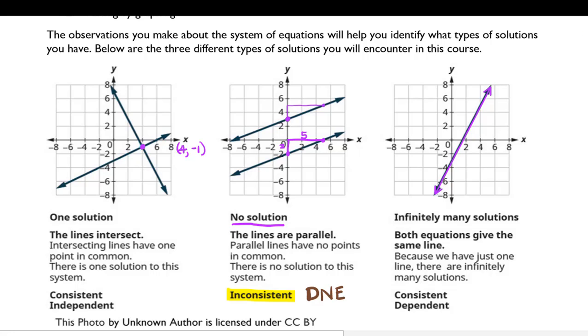So we say that this has infinitely many solutions because any place we pick on this line will also be a point on the other line. It doesn't matter where, it will create a system with infinitely many solutions where the two lines overlap. So we would call this one a consistent, dependent system of equations.